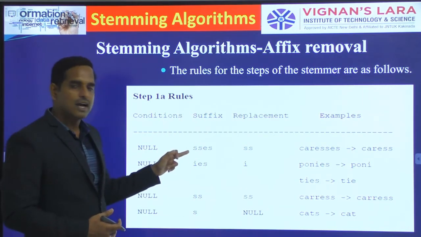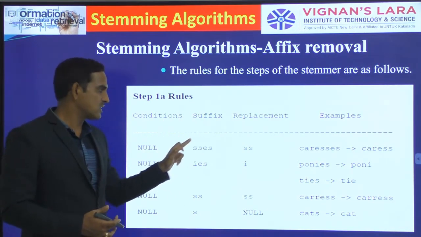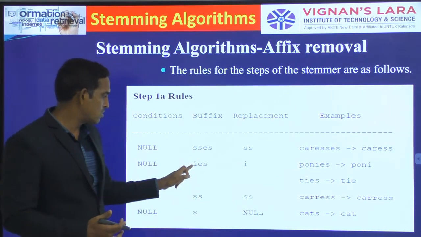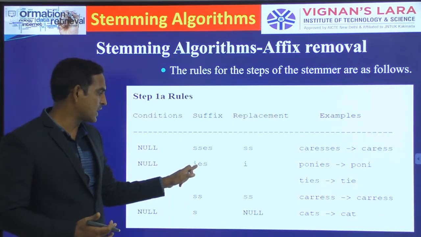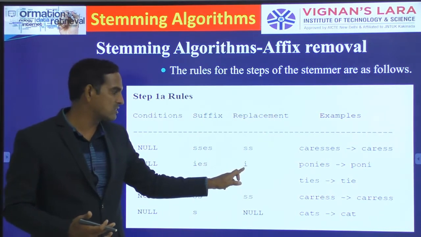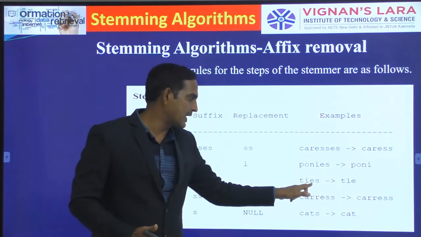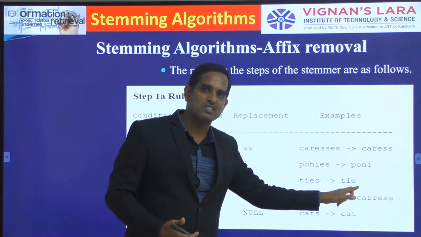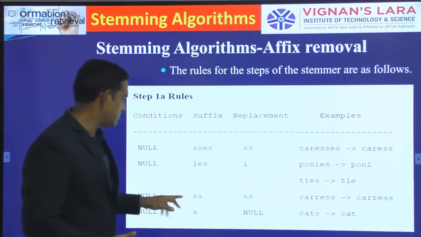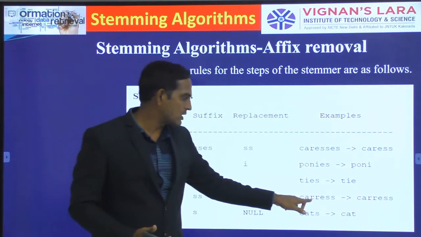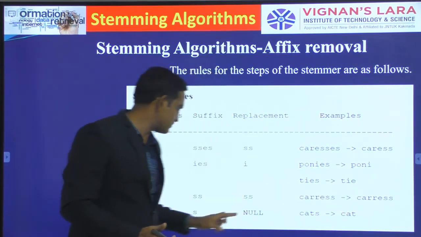If your word ends with this suffix, it will be replaced by that suffix. If your word ends with IES, it will be replaced with I. If it ends with SS, it will be replaced by SS, so caresses will be replaced by caress.